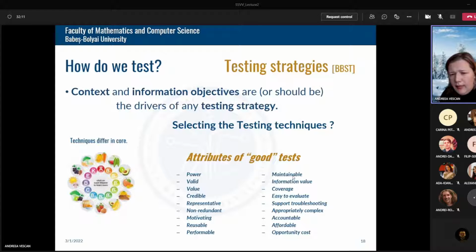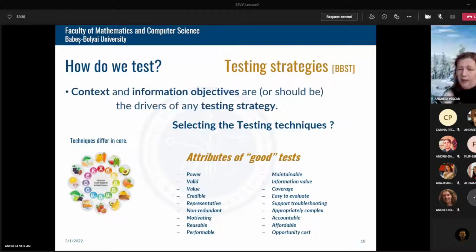The same as maintainable, right? Easy to evaluate. That means when you want to evaluate to see if what you have run is actually true or false, right? Or it's according to the specification. It should be very easy to evaluate. If you need to write a different script to do this, it's not a good test.